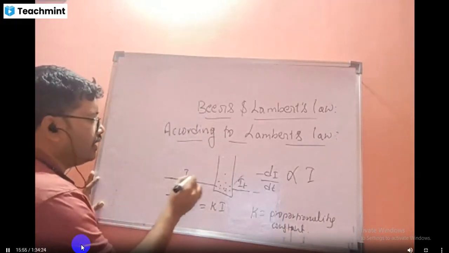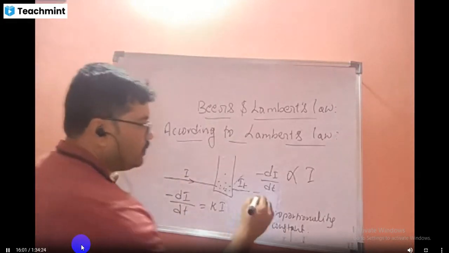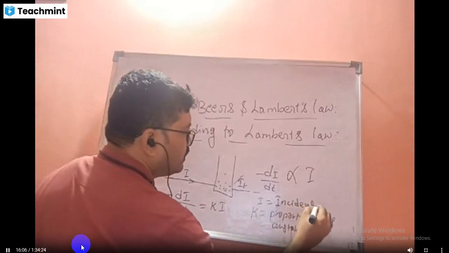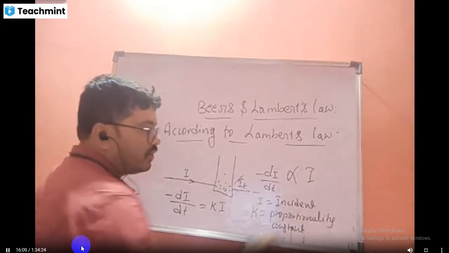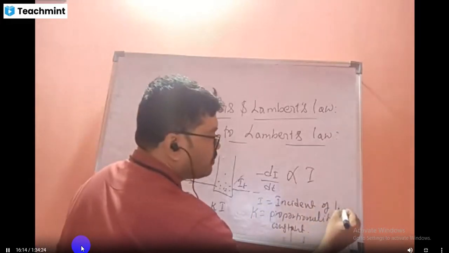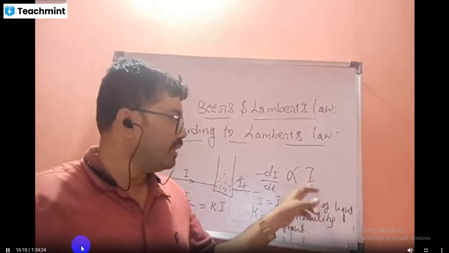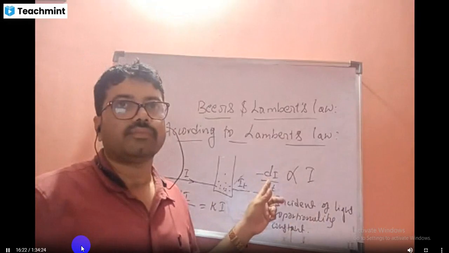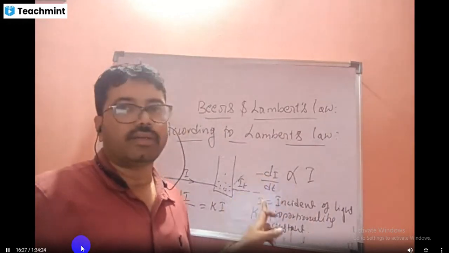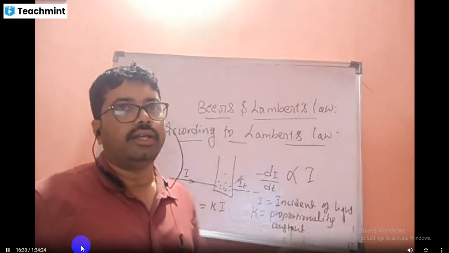I is incident radiation, the intensity of incident light. dI by dt means the change in intensity with respect to thickness is directly proportional to incident light.